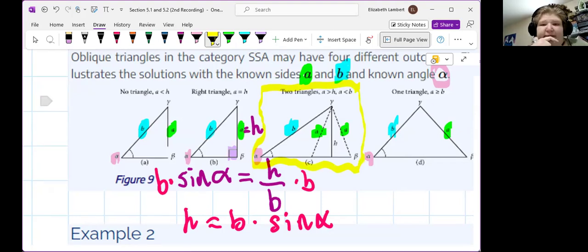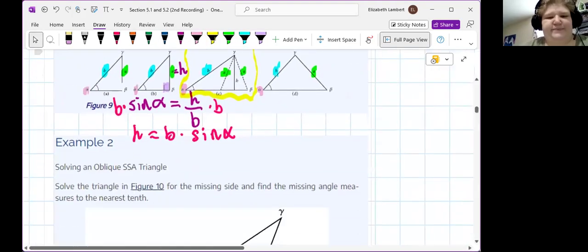This is the weird case, where our A is big enough to make a triangle, bigger than that height, but not as long as B. All right? So I've got my two fixed lengths and that guaranteed angle that I put the one length of pipe at.